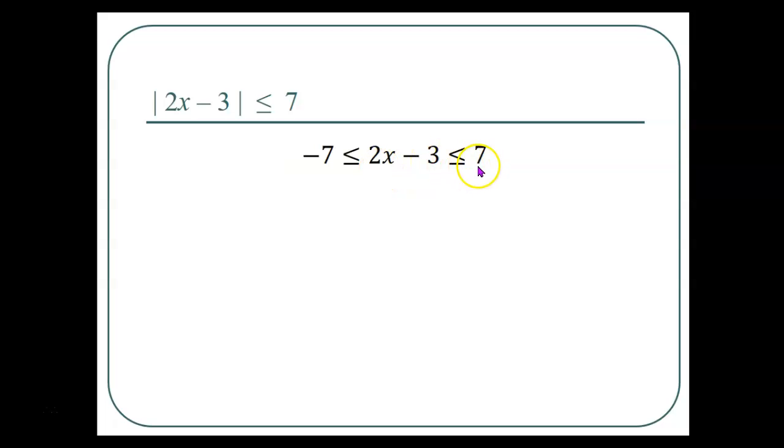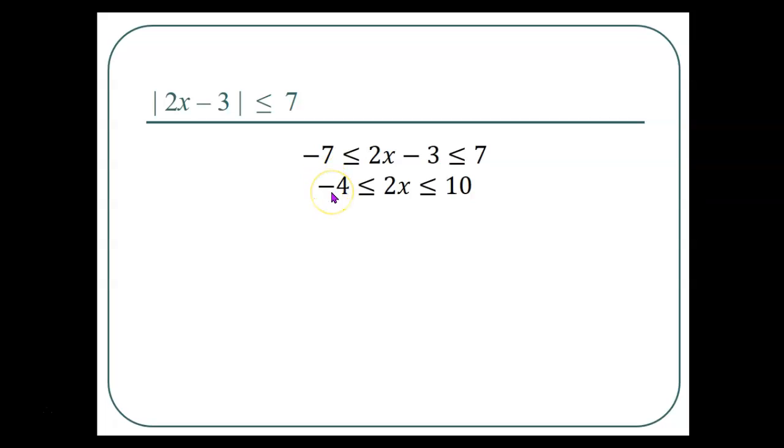So it's still less than or equal to 7, but it's also greater than or equal to -7. Now we still have to finish solving this to get x by itself in the middle. So remember, there's 3 sides, and whatever we do, we have to do the same thing to all 3 sides. So first I'm going to add +3 to all 3 sides.